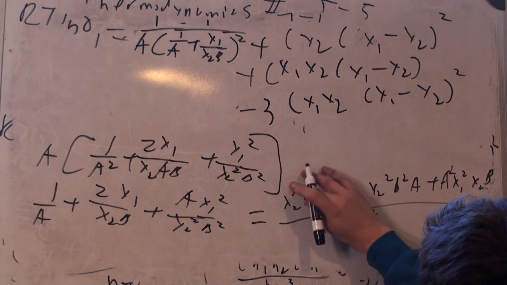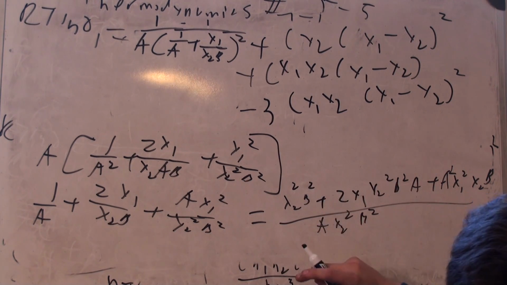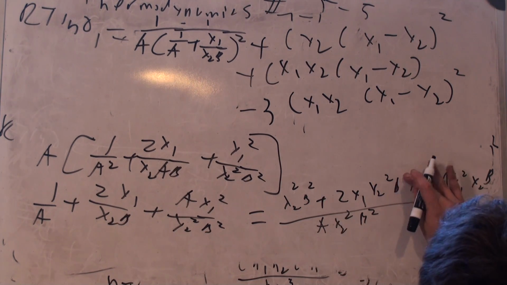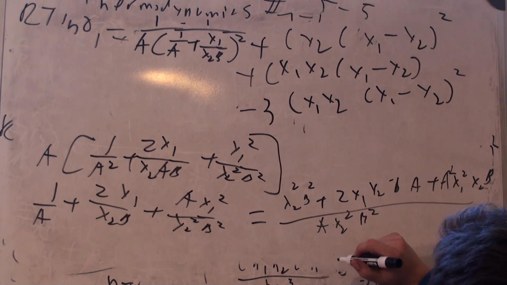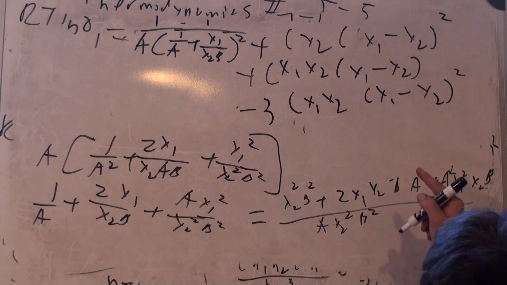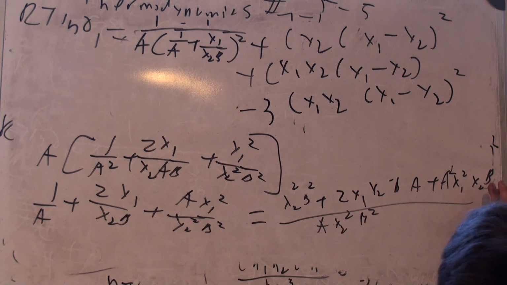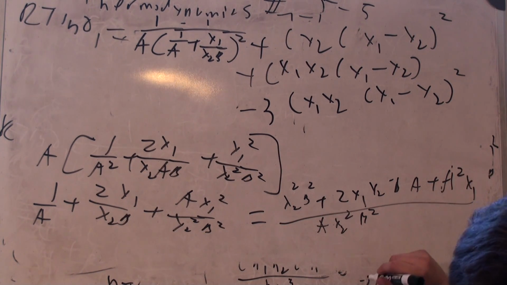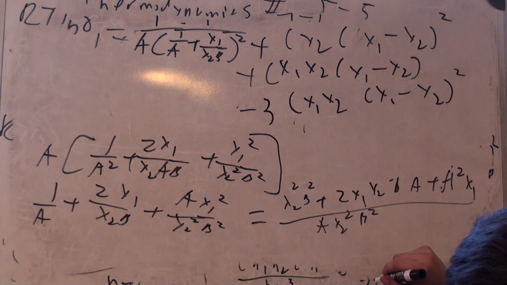Oh, these are squared. Let's see here. Those are just one of those with a b. And then this is just a. So this is just a squared x1.